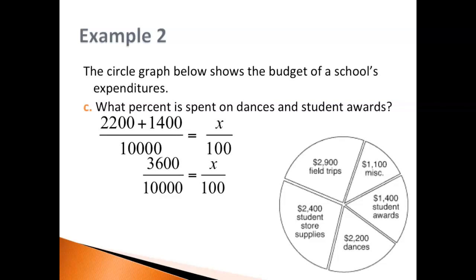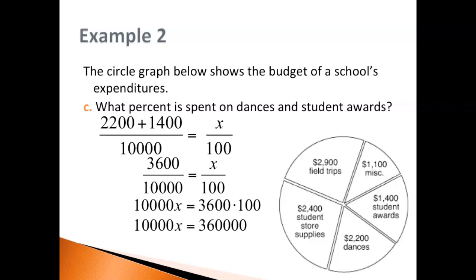Cross multiply, so we have 10,000 times x equals 3,600 times 100. Now 3,600 times 100 is 360,000. Divide both sides by 10,000, and we get 36 for x. Now remember that 36 here is over 100, so we can write this as a percent. So this would be 36% of the budget is spent on dances and student awards.